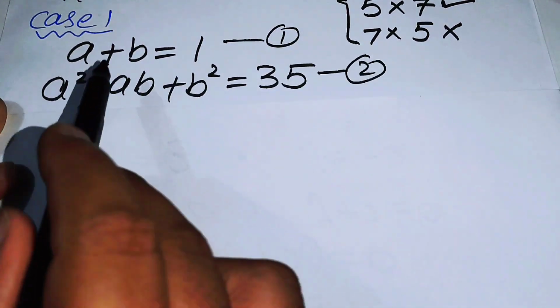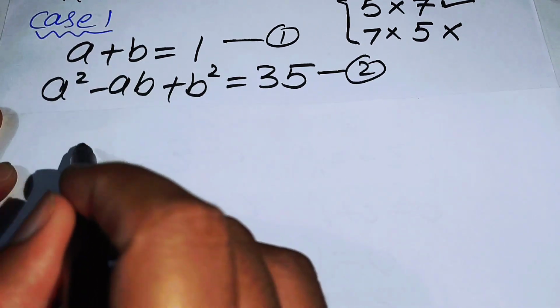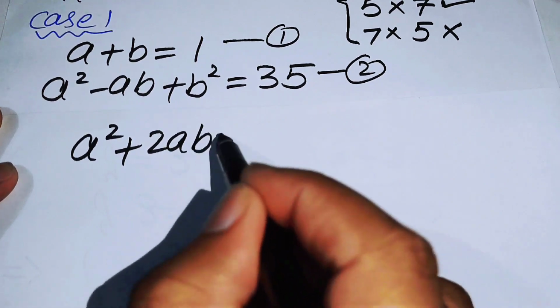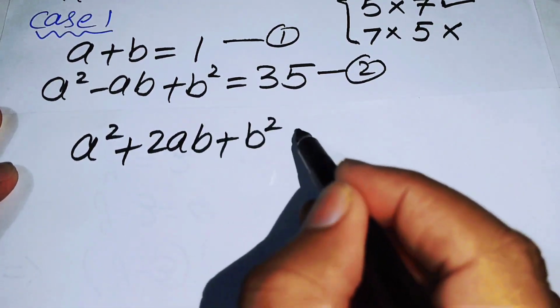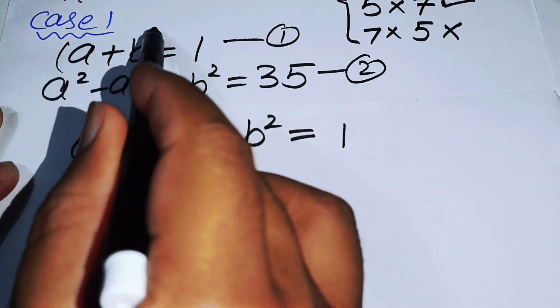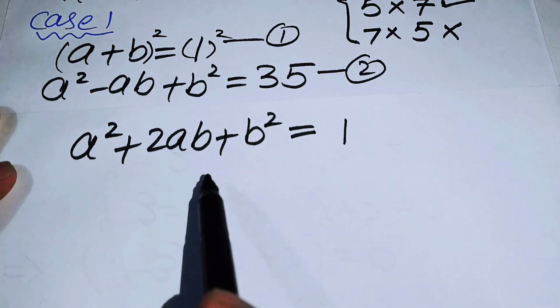Now first I will take the square of equation number 1. When we take the square on equation number 1, it becomes a square plus 2ab plus b square is equal to 1, because I can apply the square on both sides.